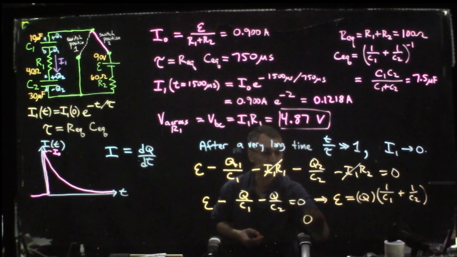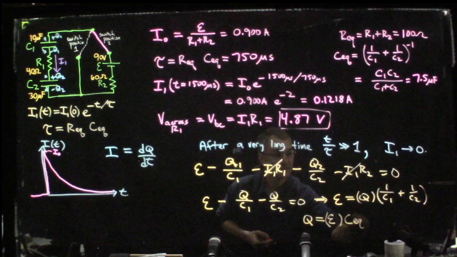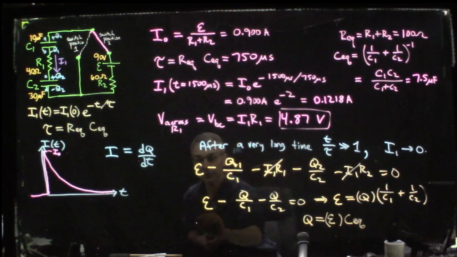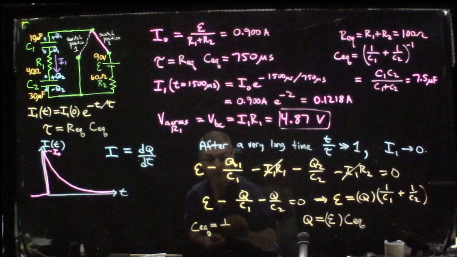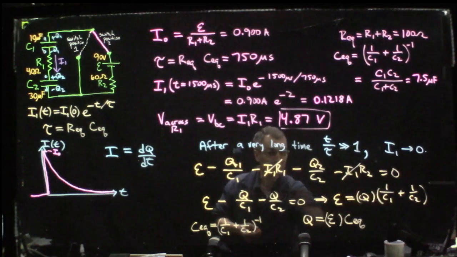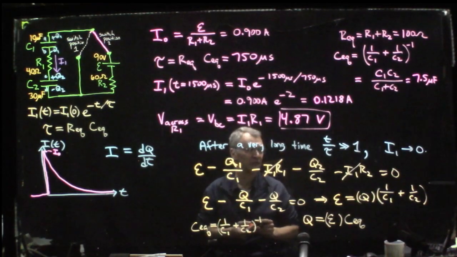So that's like Q is the battery voltage times C equivalent, where C equivalent is 1 over C1 plus 1 over C2, the reciprocal of that. So we basically just, with the loop rule here, derived the equation for combining two capacitors in series.